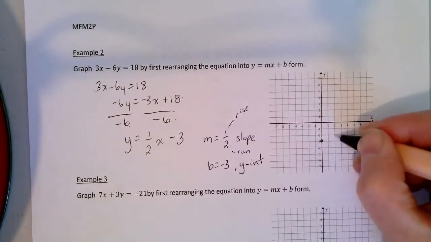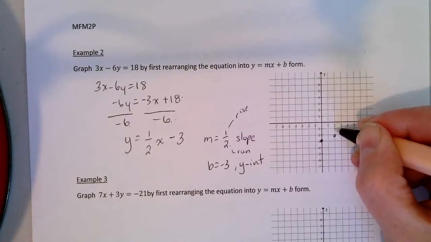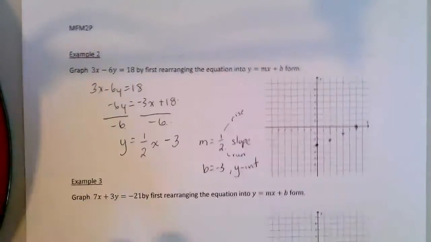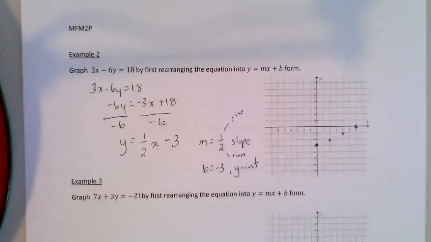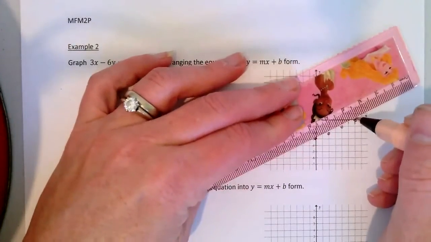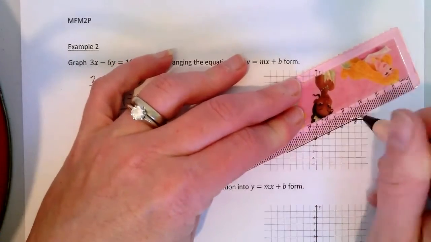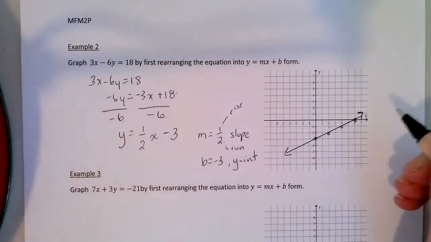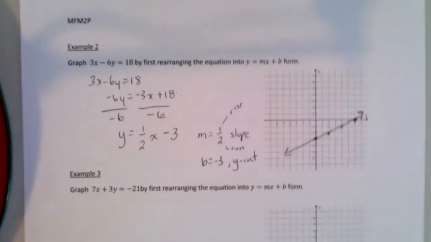So up 1, forward 2, up 1, forward 2, up 1, forward 2. We can actually see that we have an x-intercept at 6. So we were able to identify the x and y intercepts from our graph. So I'm going to connect my points, draw my arrows, and we have answered the question.